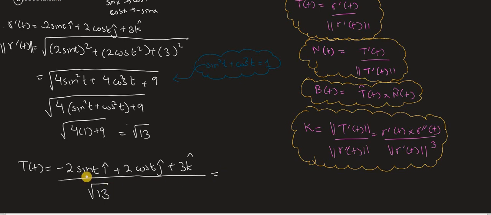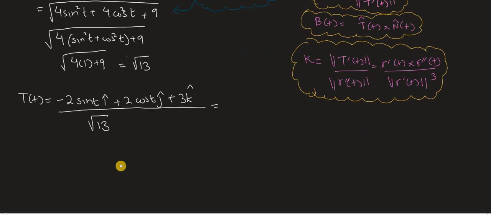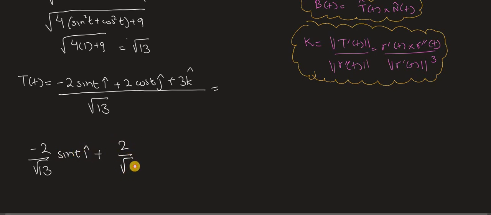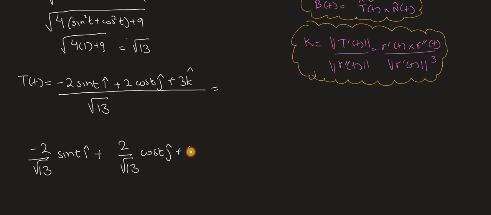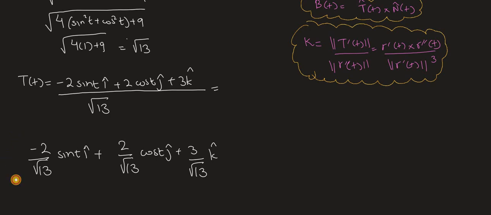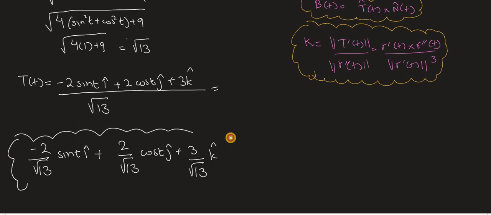You can just leave it like that, but I think it's better to write it like this, separating each component: -2 sine t over square root of 13 i hat plus 2 cosine t over square root of 13 j hat plus 3 over square root of 13 k hat. Okay, so this is our unit tangent vector.